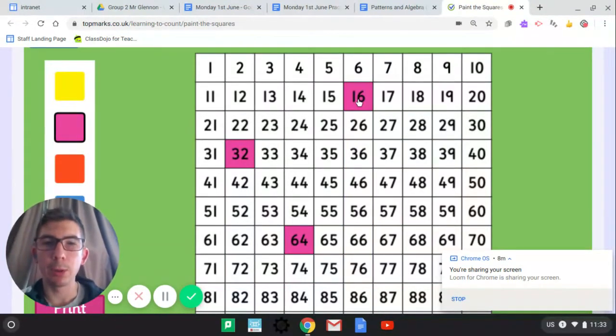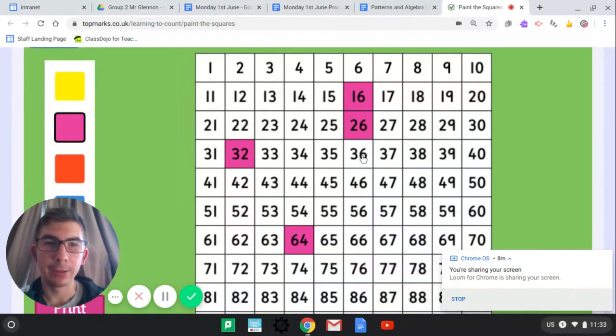You can always double check that you are correct if you double that answer. So if I'm doubling 16, I'm doing 16 add 16. So this is a way to double check your answer. I'm going to add on 10 and then 6. 16 add 10 is 26.